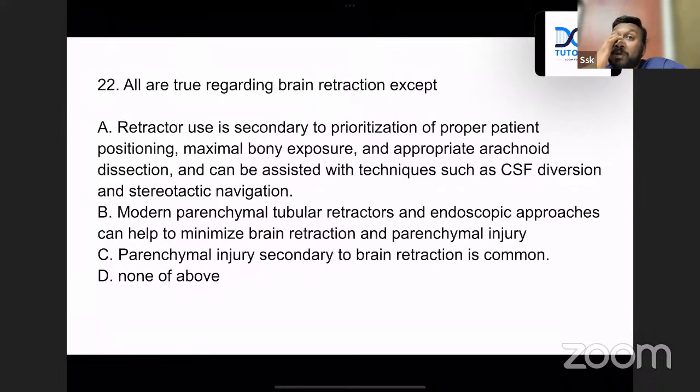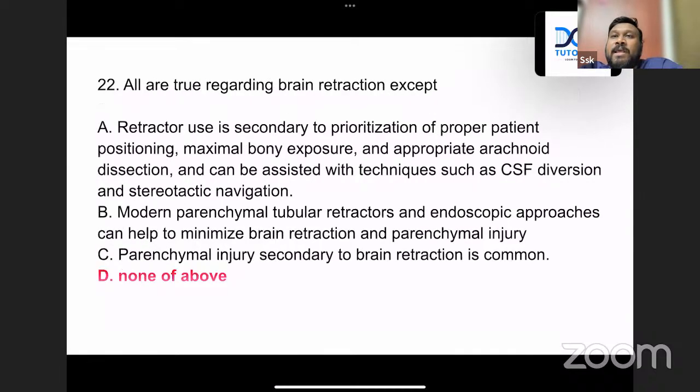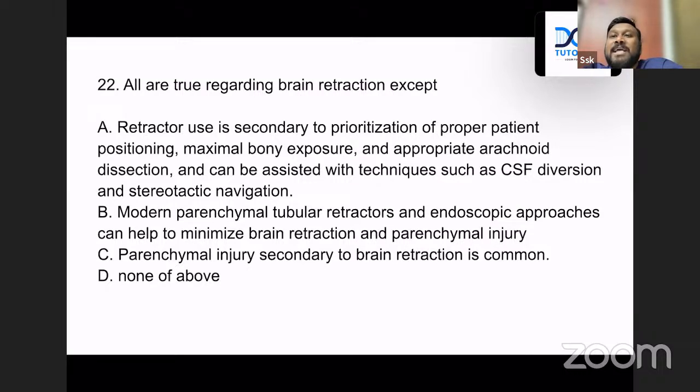So this is a very important question. All are true regarding brain retraction except. See, the retractor use is secondary to prioritizing of proper patient positioning, maximal exposure, appropriate arachnoid dissection, and can be assisted with techniques such as CSF diversion and stereotactic navigation.